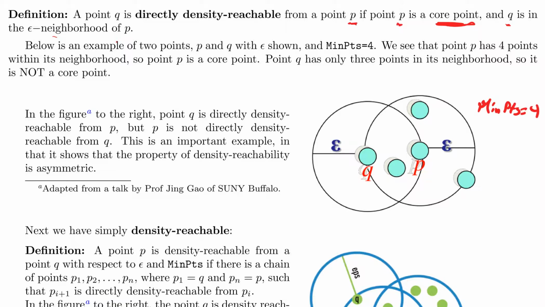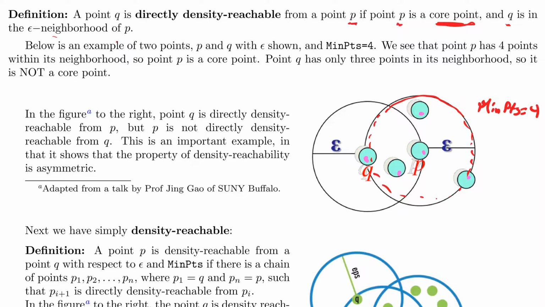This is the epsilon neighborhood around P. And how many points are there? There's 1, 2, 3, 4, 5. Therefore, of course, P is a core point.